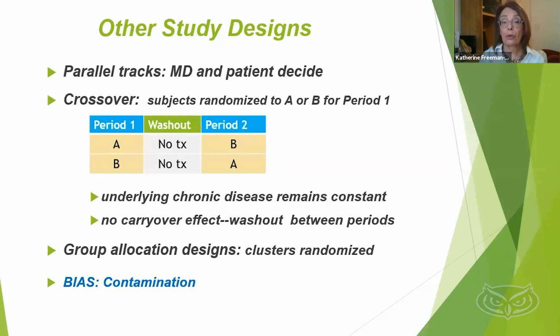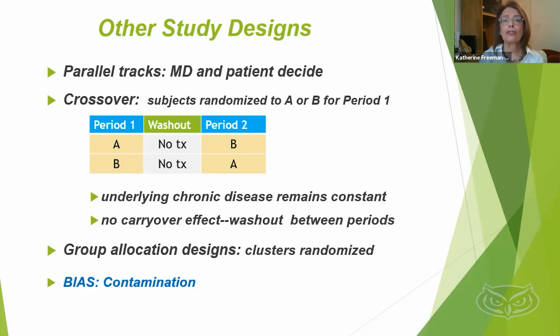And also, alternatively, you may need fewer patients to participate, which is a good thing. Okay, now the restrictions on this type of study design involve that you can only do this with an underlying chronic disease that remains relatively constant.